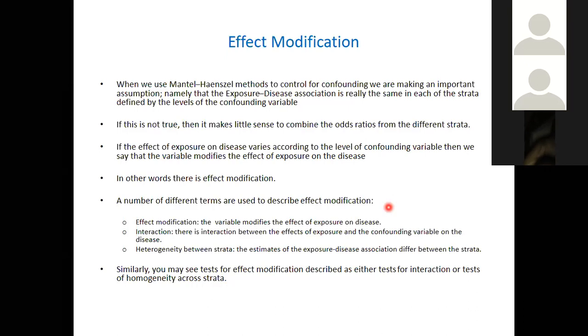But if it is effect modification, it will not be the same. Similarly, you may see tests for effect modification described as a test of interaction or a test of homogeneity across strata. So just for you to know, these three things are the same: effect modification, interaction, or heterogeneity.